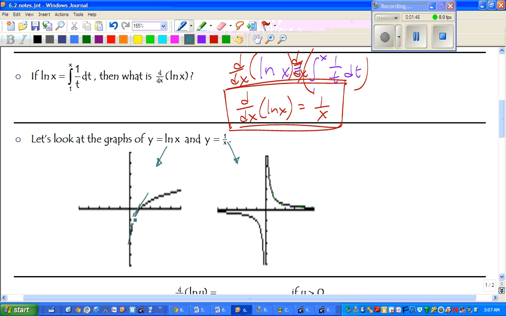So as we go throughout the function, the slope of the graph gets less and less. If we look at its derivative, we have a very large y value over here, close to 0, and then those y values get less and less as we keep going to the right. So it kind of matches up there.